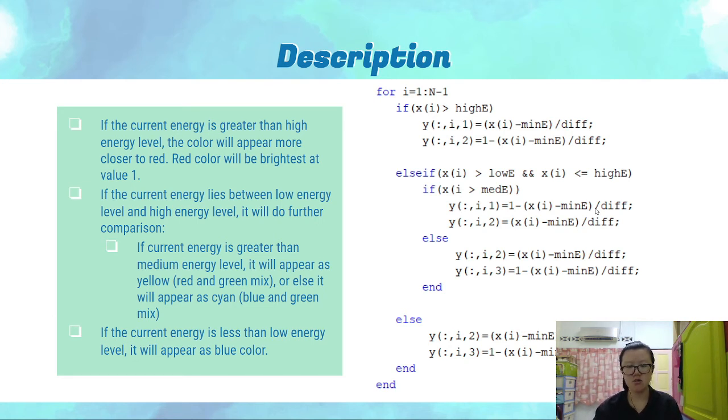If the energy is higher than the medium energy level, it should appear closer to the mixture of red and green, which is yellow. If it's lower than the medium energy, it should be closer to the mixture of green and blue, which is cyan. And if the energy is lower than the low energy level, it will be blue.